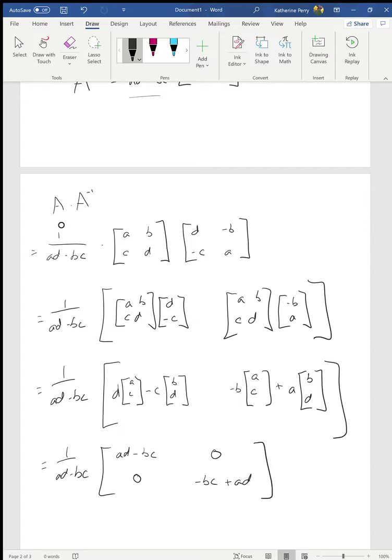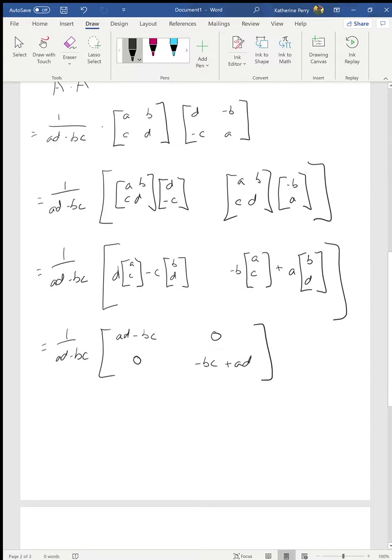Okay, and now I can incorporate this scalar, so this is equal to ad minus bc over ad minus bc. In the second row, I have 0 times this fraction, so that's still equal to 0. Same here.